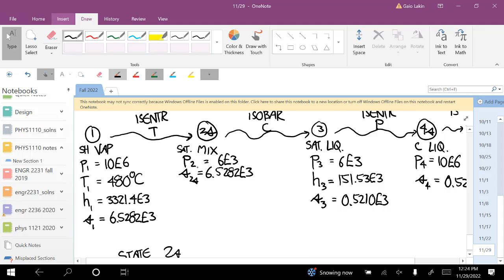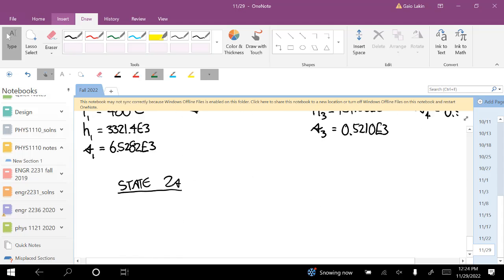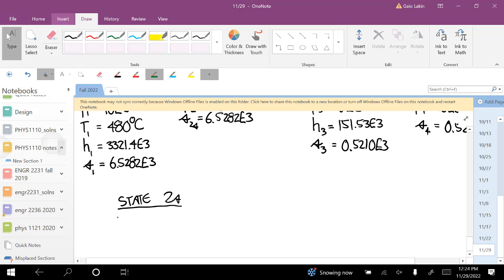We just don't know what the quality is, but we can get the quality from the entropy. So 6.5282 times 10 to the 3rd is equal to the quality times the entropy for the saturated vapor. And if you look that up at this pressure, it's 8.3304 times 10 to the 3rd.